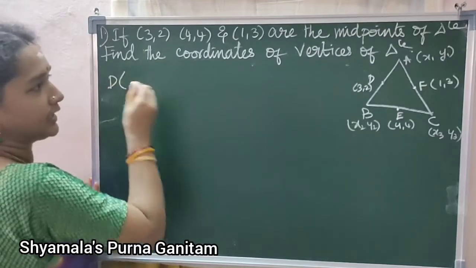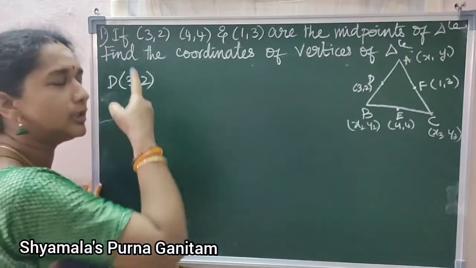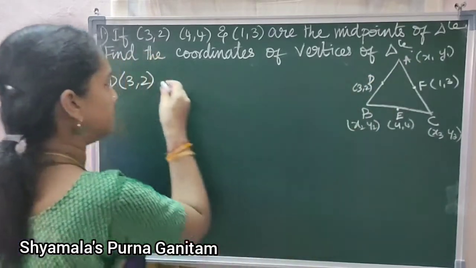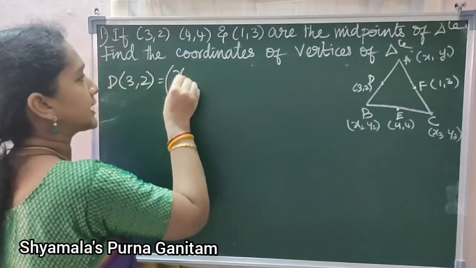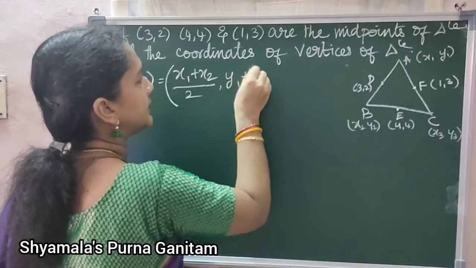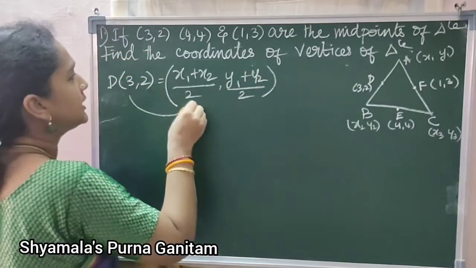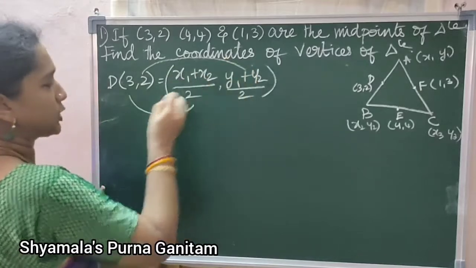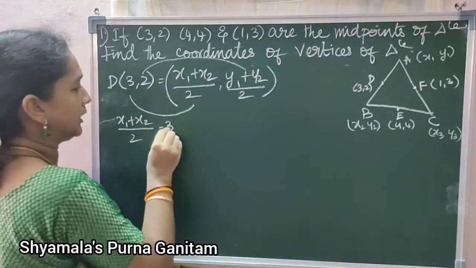D is given as (3, 2). That is the midpoint of AB. So what is the midpoint formula? (x1 plus x2) by 2 and (y1 plus y2) by 2. Now I am equating these. So (x1 plus x2) by 2 is equal to 3.